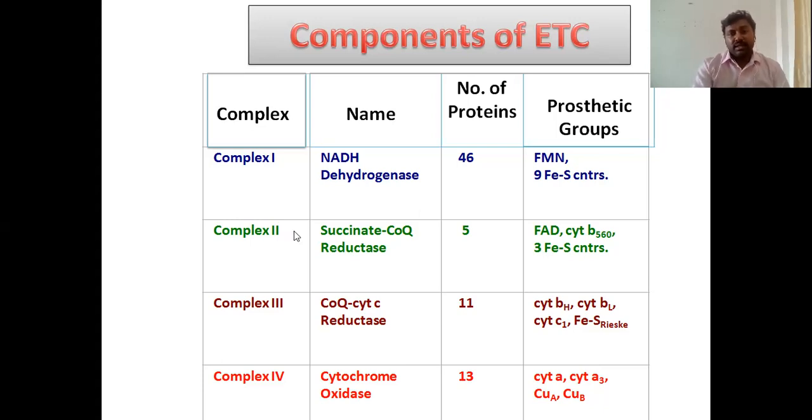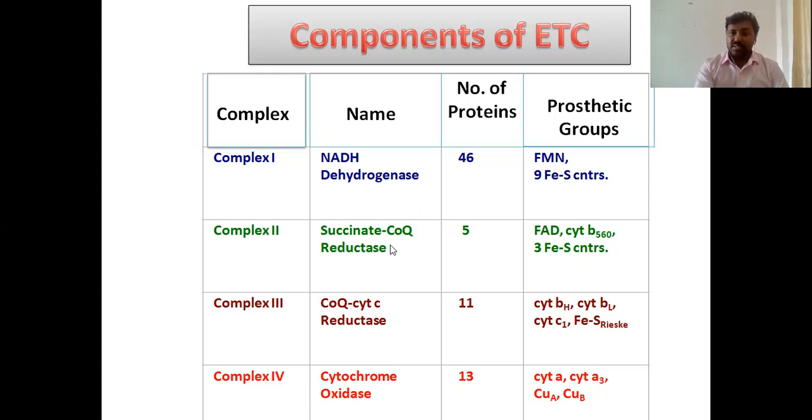Complex 1, simply, we can note as NADH dehydrogenase. It contains 46 proteins and the prosthetic group FMN, and works with the help of FMN and iron sulfur proteins.